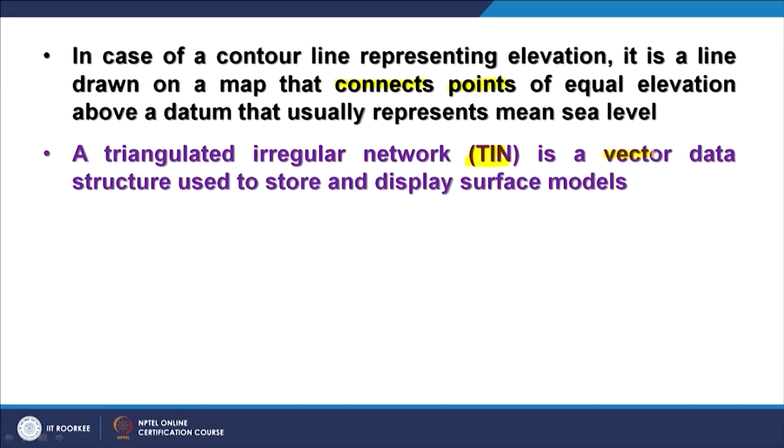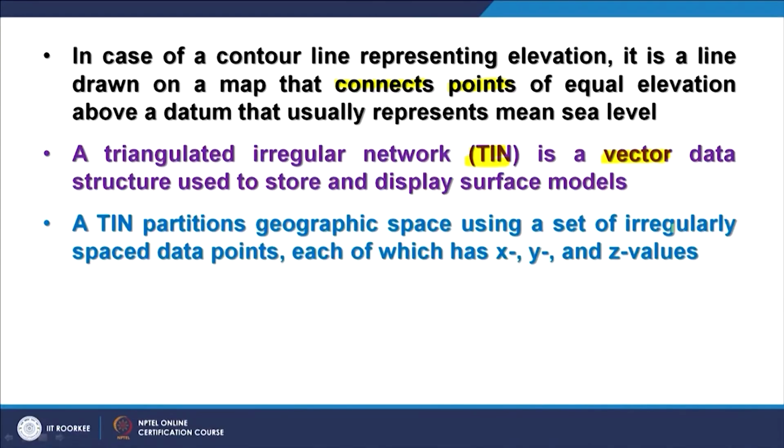Though here it is mentioned as a vector data surface, truly it is not. This is neither vector nor raster, but in some way it is quite close to vector, so sometimes we also mention it there.